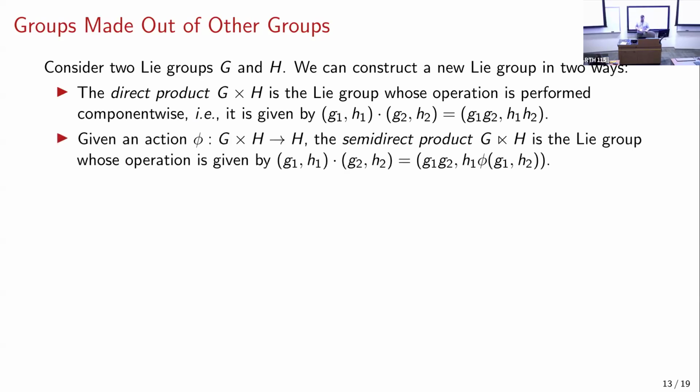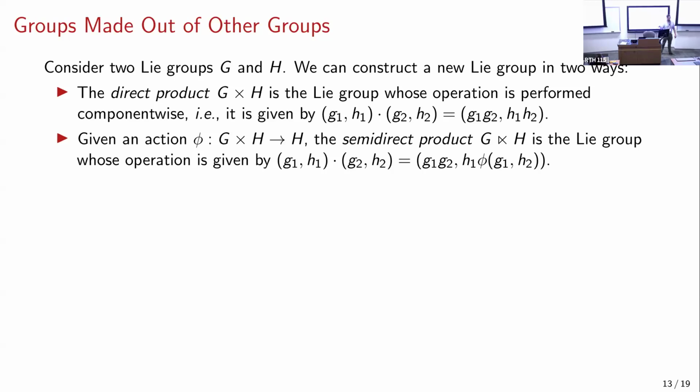That one's pretty easy, but we can also define something called the semi-direct product. So if we have a group action of G on H, the semi-direct product, which we notate with this funny little symbol here, is the Lie group whose operation looks like this. And when you stare at this, it might be a little bit like, well, where the heck did you get that? But let me walk through here. So we said G is just going to do its own thing.